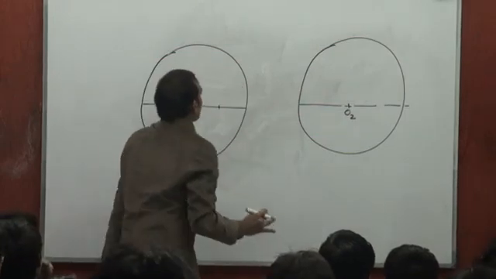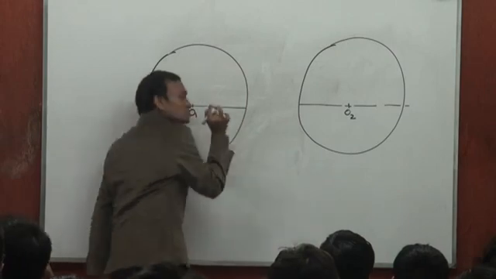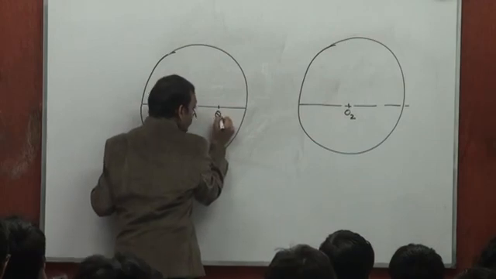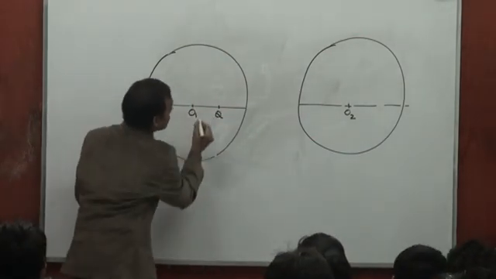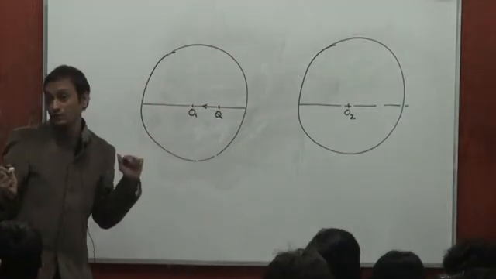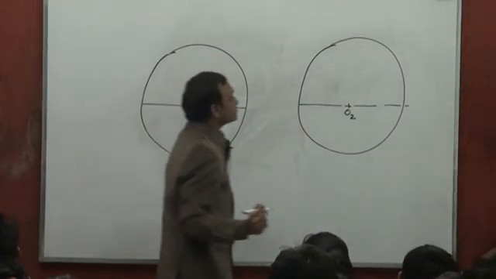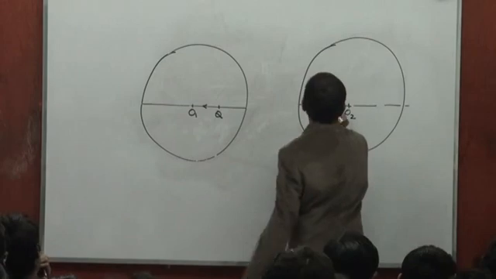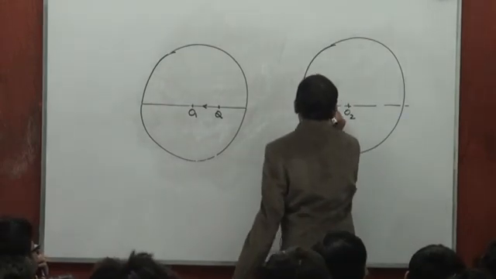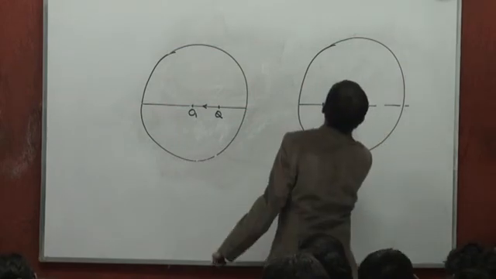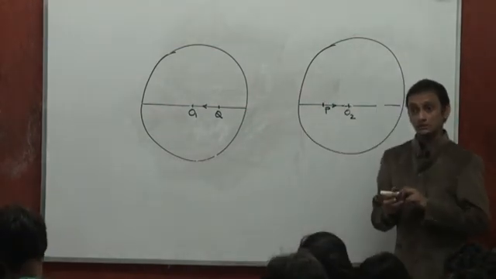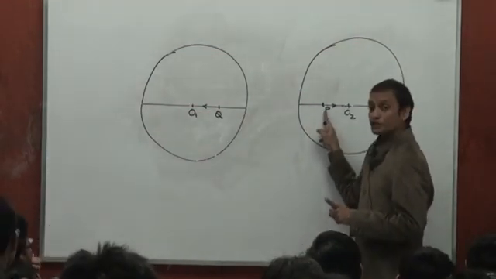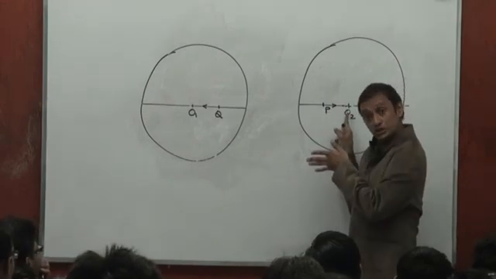At some instant of time, this oscillator is at Q and is moving leftwards, whereas this oscillator is at P and moving rightwards towards its mean position.